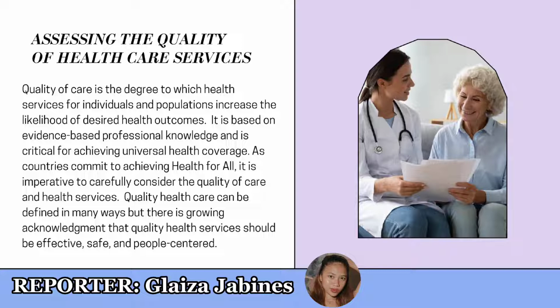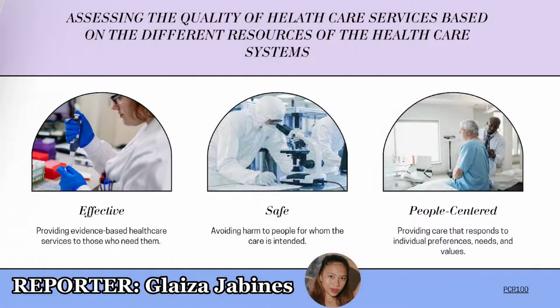It is mahibaw-an daw nato siya if quality healthcare siya if it is effective, safe and people-centered. Di ba? As what I have said earlier, instead of worsening the situation, you are to alleviate or reduce the sufferings of the patients. So, di ba, what does it mean when we say effective?